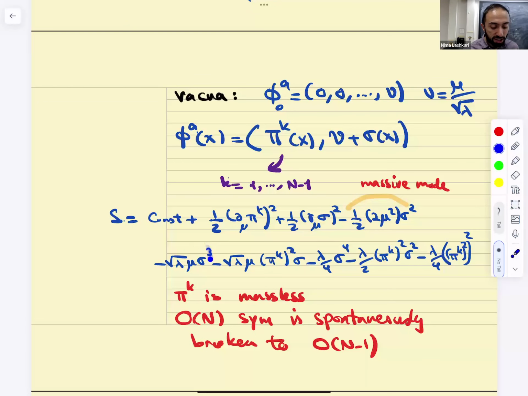There's a sigma cubed term, an interaction term between these directions and the radial direction. There is a sigma 4 term, pi squared sigma squared, pi 4, but no pi squared term. That means that the pi fields are massless. The pi k's, there are N minus 1 of them, and they're all massless. O(N) symmetry is spontaneously broken to O(N minus 1).